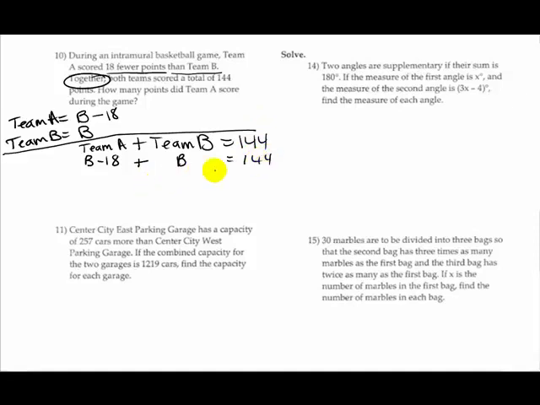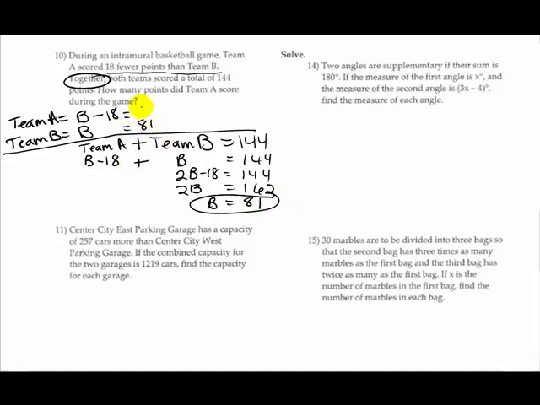Combine like terms. Move the 18 by adding. Divide by 2. Okay. Team B is 81.